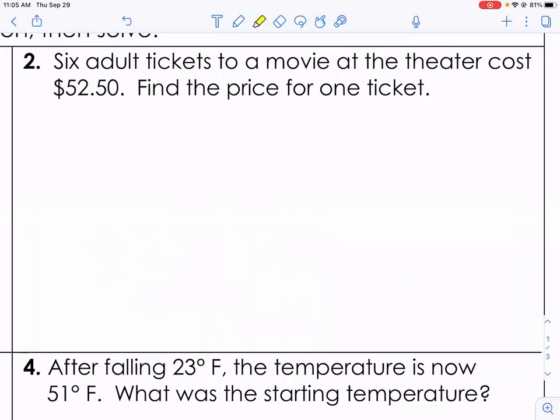Okay, so what information would be good to highlight? What's important? 6 adult tickets to a movie at the theater costs $52.50. Find the price for each ticket.